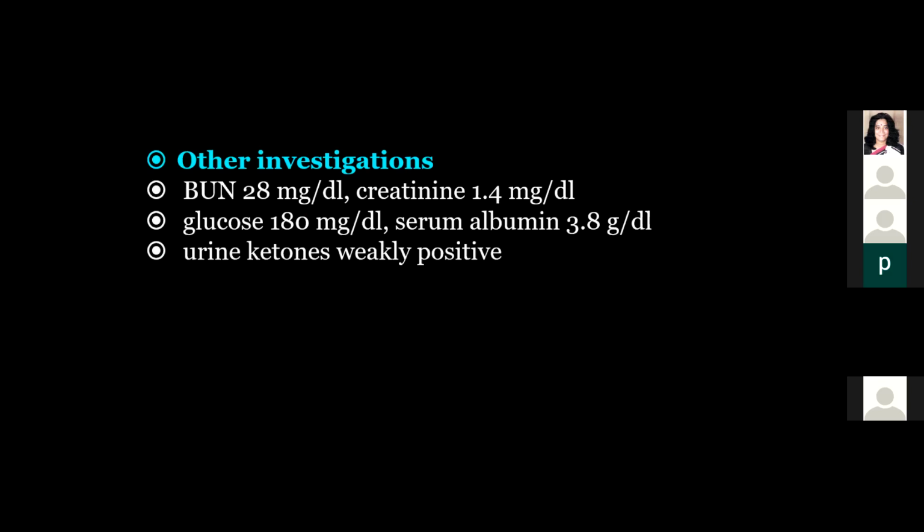But the glucose is only 180, which just seems unlikely unless he was a known previous diabetic who was taking insulin. You will not get a DKA with such low glucose.